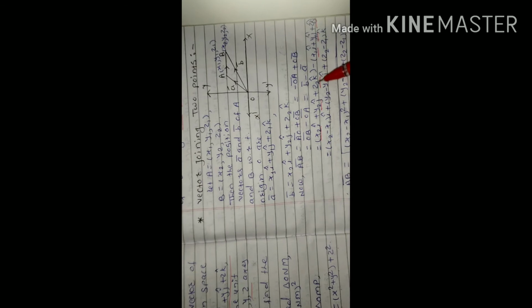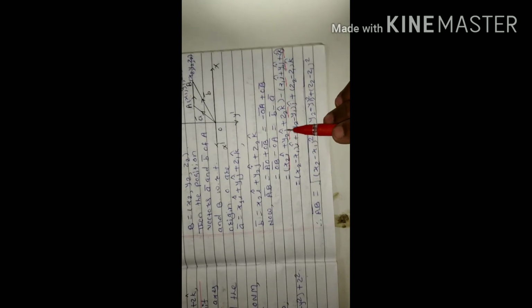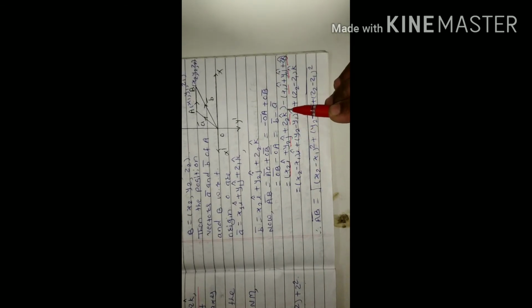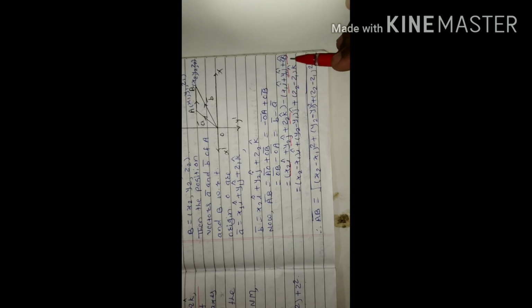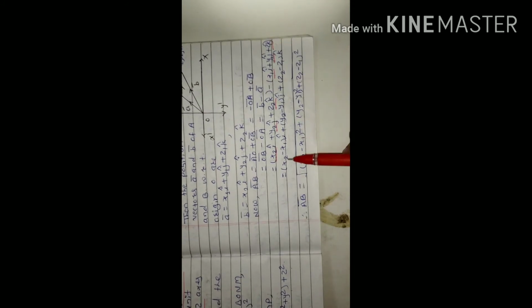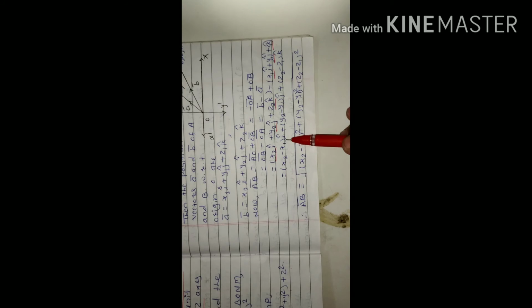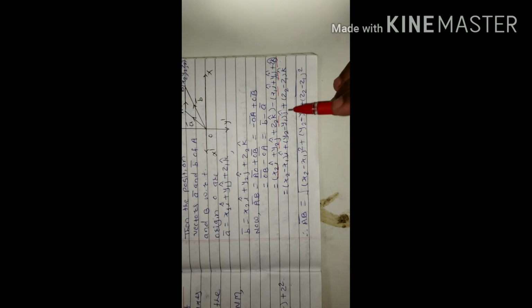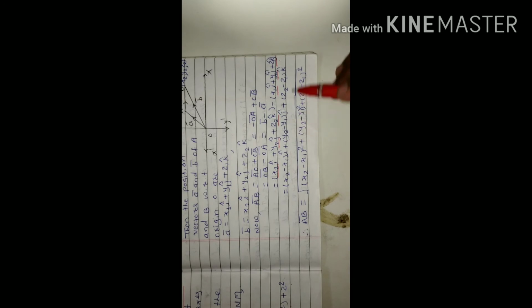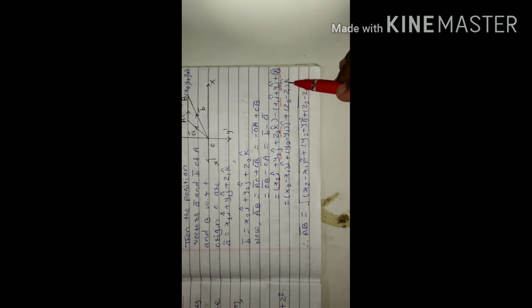We know the values of B bar and A bar, so we put them here: X2 I cap plus Y2 J cap plus Z2 K cap, minus X1 I cap plus Y1 J cap plus Z1 K cap. Then I cap is common, with the remaining terms X2 minus X1 in bracket, plus J cap is common, with remaining terms Y2 minus Y1. Here also K cap is common, with the remaining term Z2 minus Z1 in bracket.